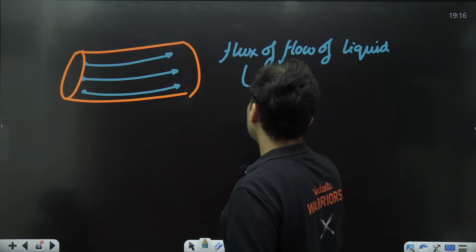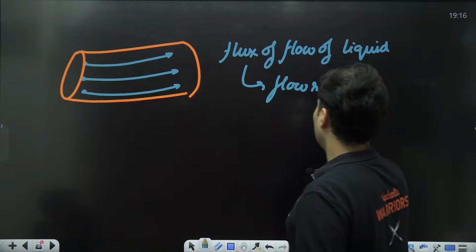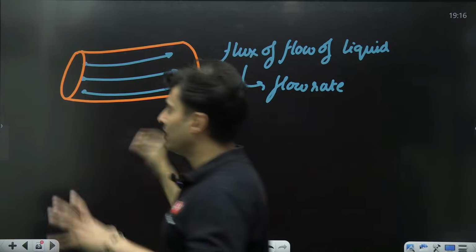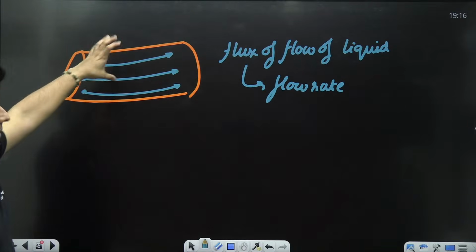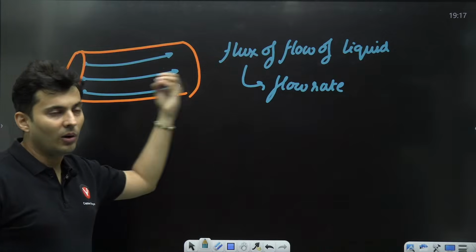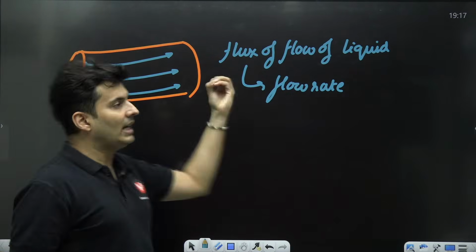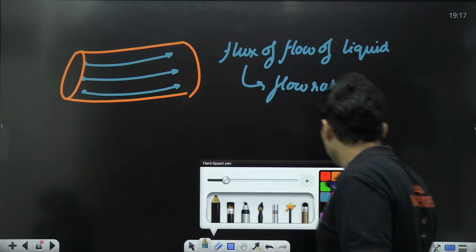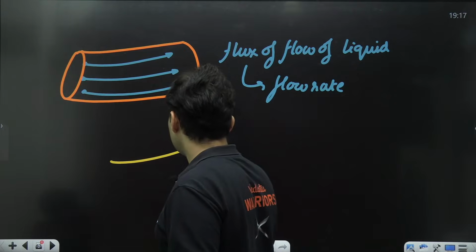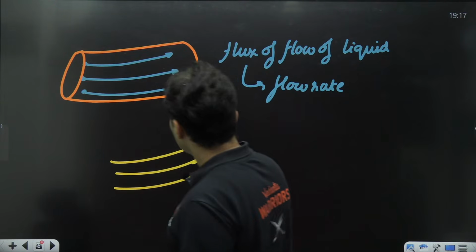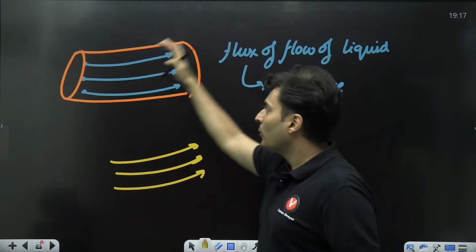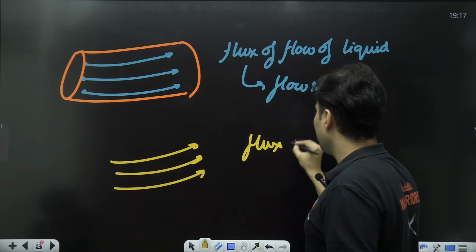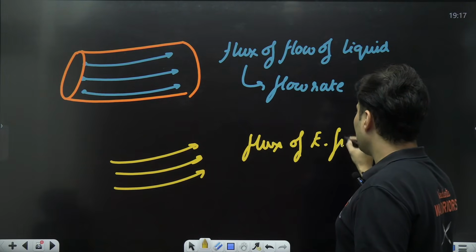It basically means the flow rate, how much volume of the liquid is going per unit time through that particular pipe. That is the flow of the liquid, which is also called the flux of the flow of the liquid. That is for fluids. Similarly, when you have electric field lines which are going like this, looks like liquid going through a pipe. So we also can define something called the flux of the electric field.